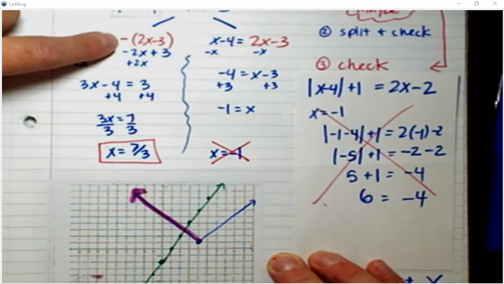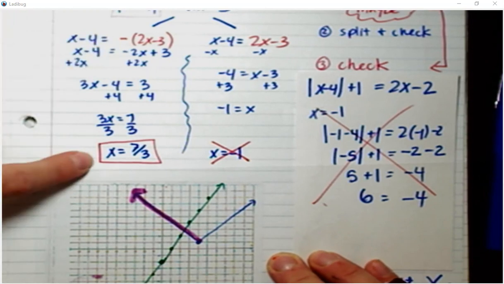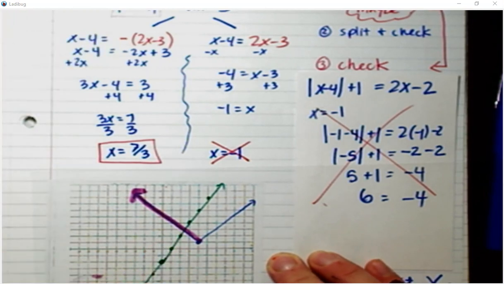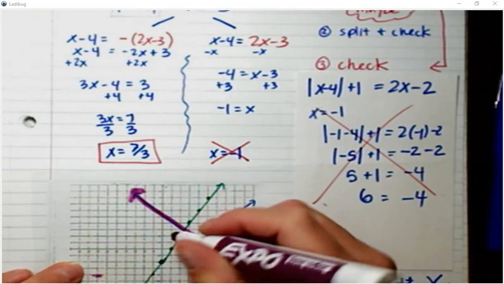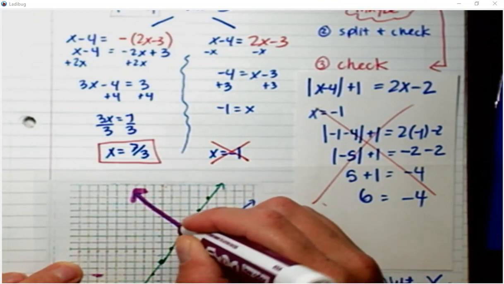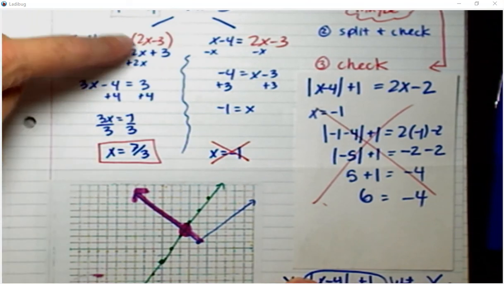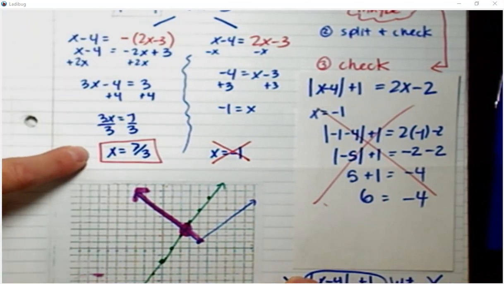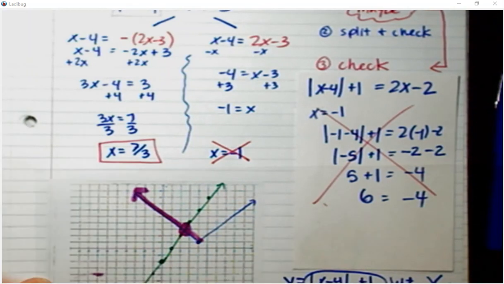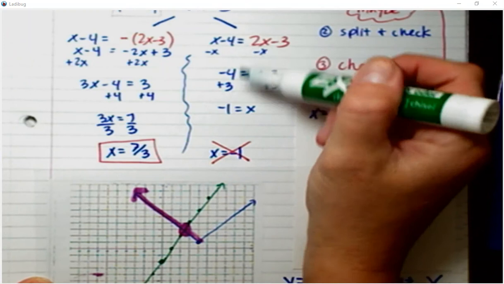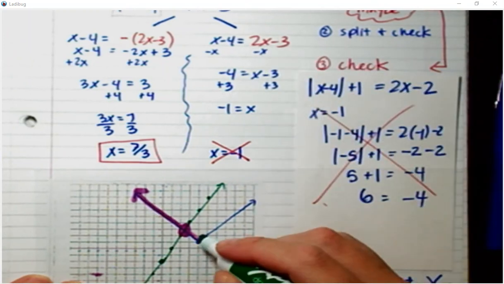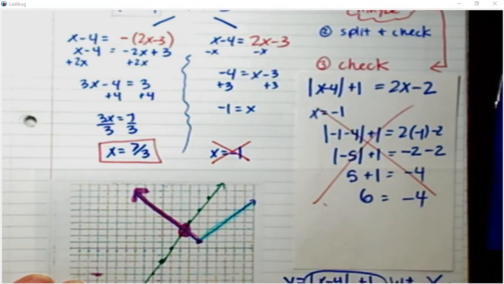The negative sloped side is the one that has the intersection. What? The negative side is the one that actually came up with the solution. The positive sloped one didn't actually touch the green line.